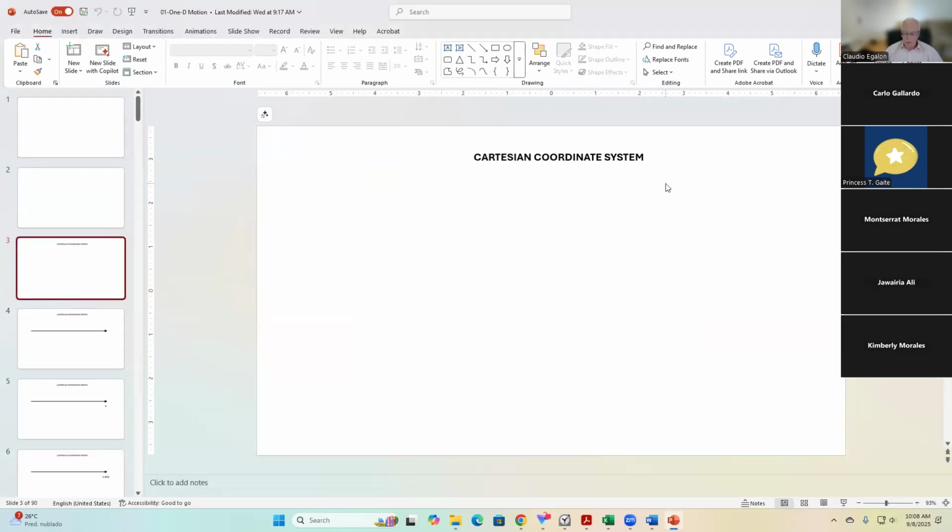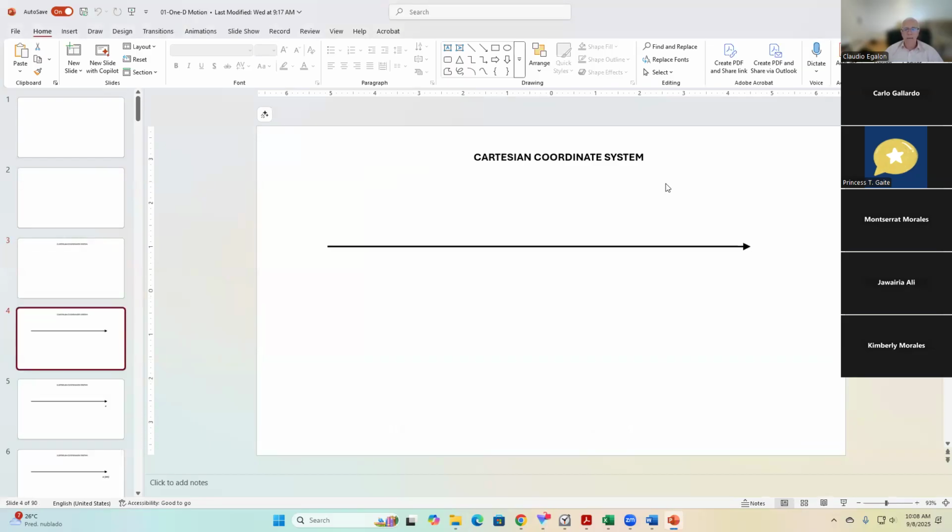Here you go. In a Cartesian coordinate system, you already know that we have an x-axis, the horizontal axis. This x-axis must have a unit. Whenever we are dealing with any coordinate system, it doesn't have to be Cartesian, we must always specify our origin.